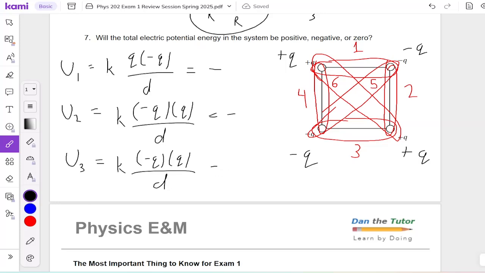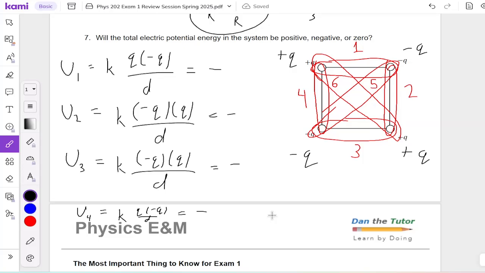I get negative the third time in a row. Wow. For U4, that's going to be K, positive Q, negative Q. Okay, yeah, we get it. It's negative. So definitely right now it seems like it's going to be negative.